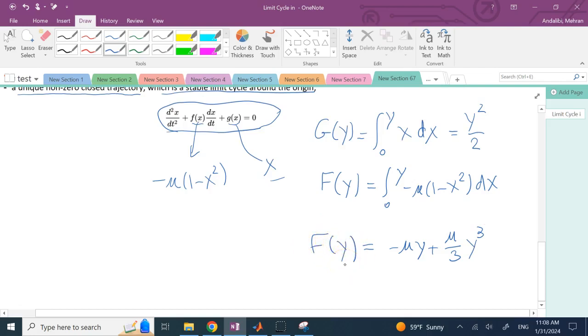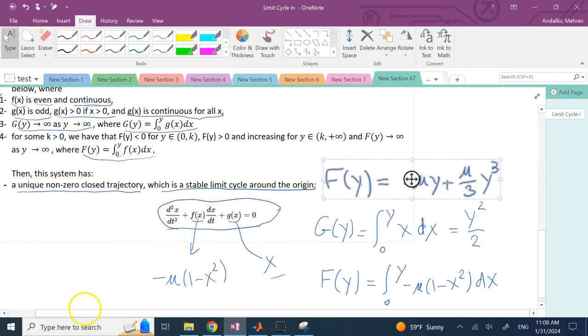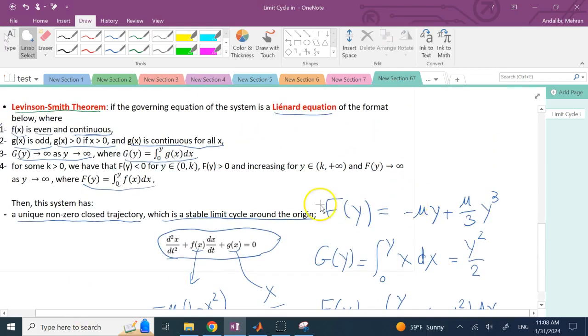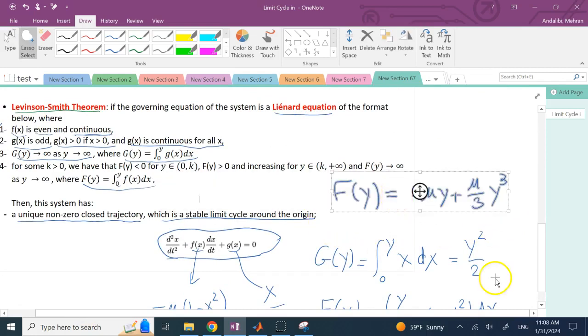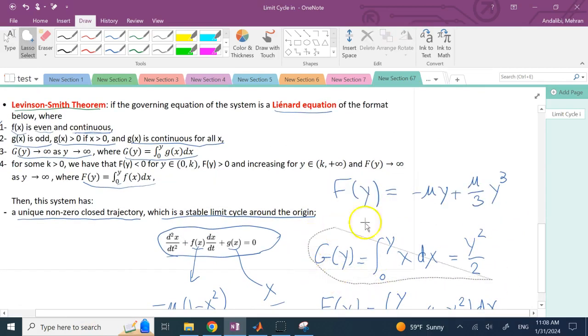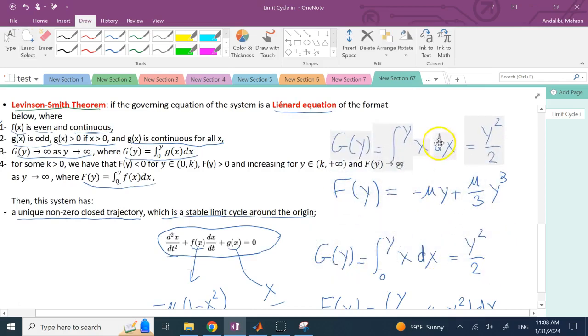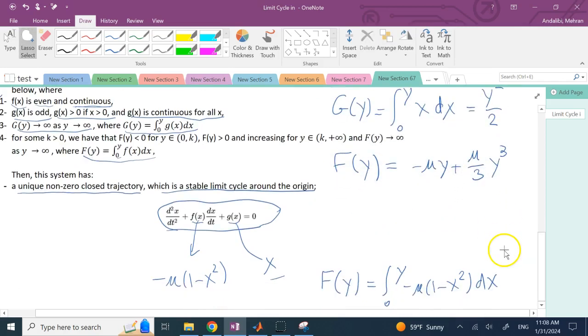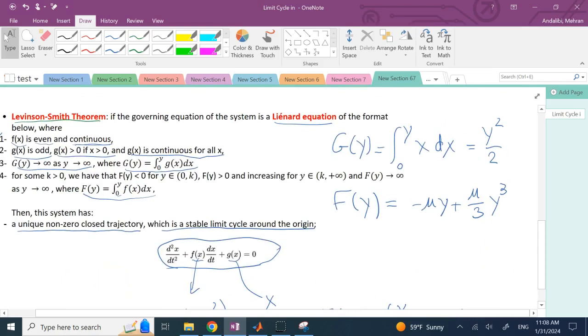Now, what conditions does this F of y need? So let me bring it up here so we can look at it together. Okay, so that was F of y, and this guy was G of y. I just put them up there so we can study them. So it says, first of all, F of y should go to infinity as y goes to infinity. Of course it does. You can see that.